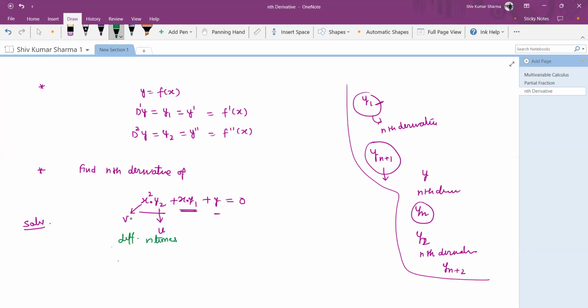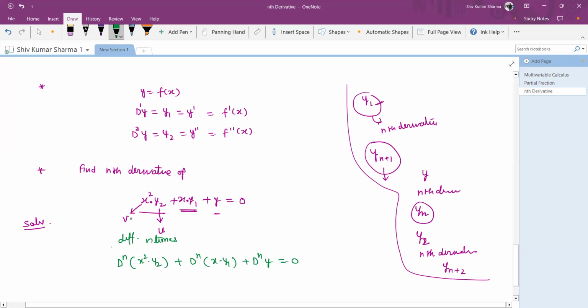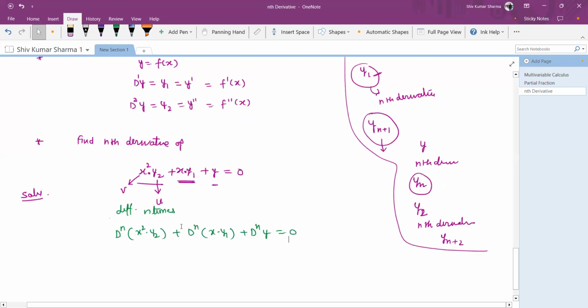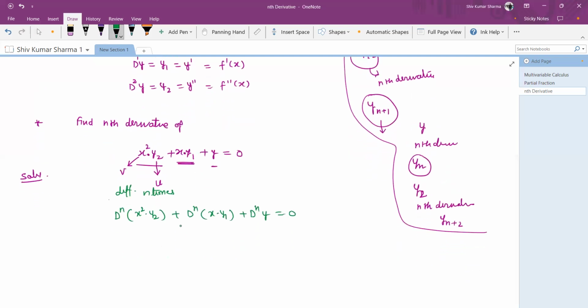So we can write this as dn of x square into y2 plus dn of x into y1 plus dn of y is equal to 0. So this is the product function, and we take the nth derivative of this.